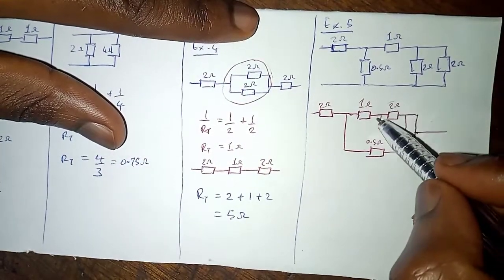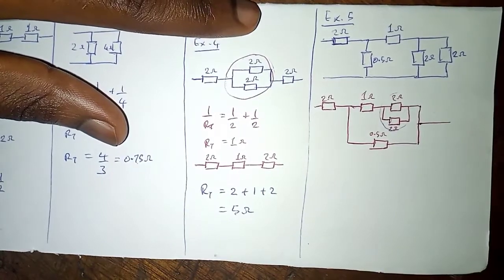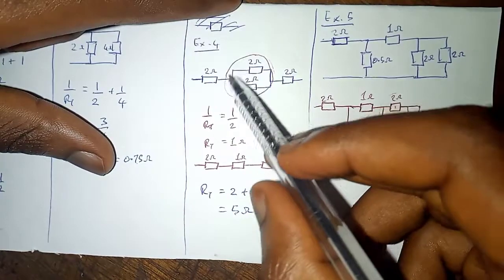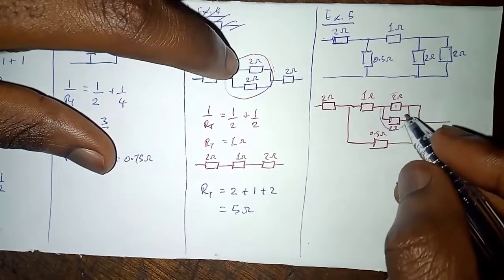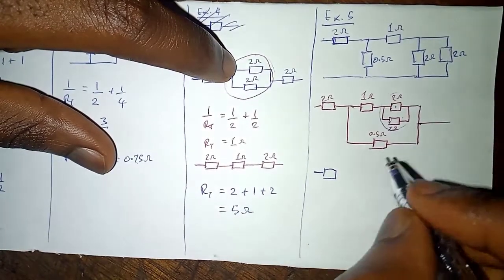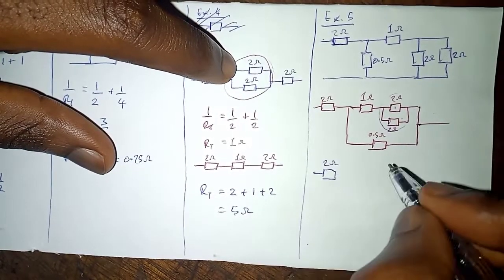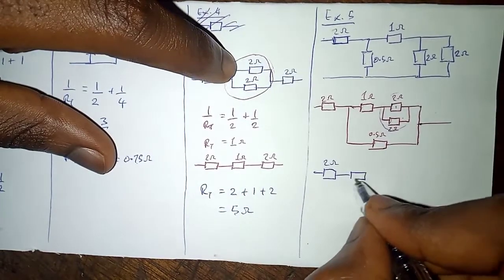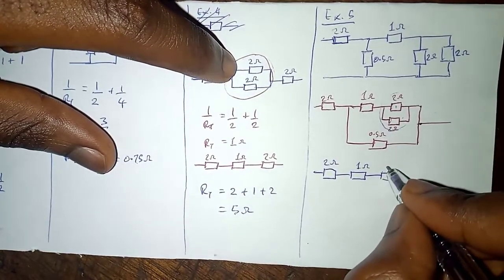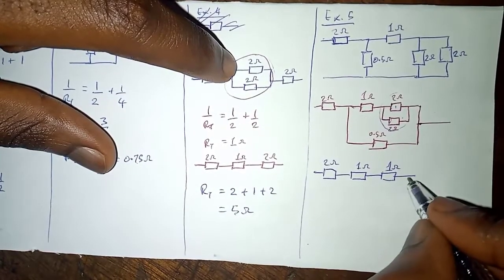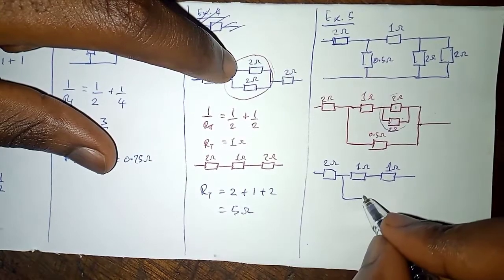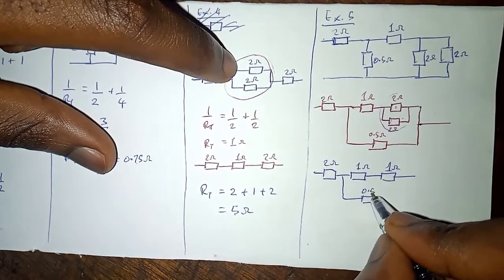So solving this here, we can see it's the same as this part here. So this is going to give me 1 ohm. So here I have 2 ohms, 1 ohm, 1 ohm, 0.5 ohm.